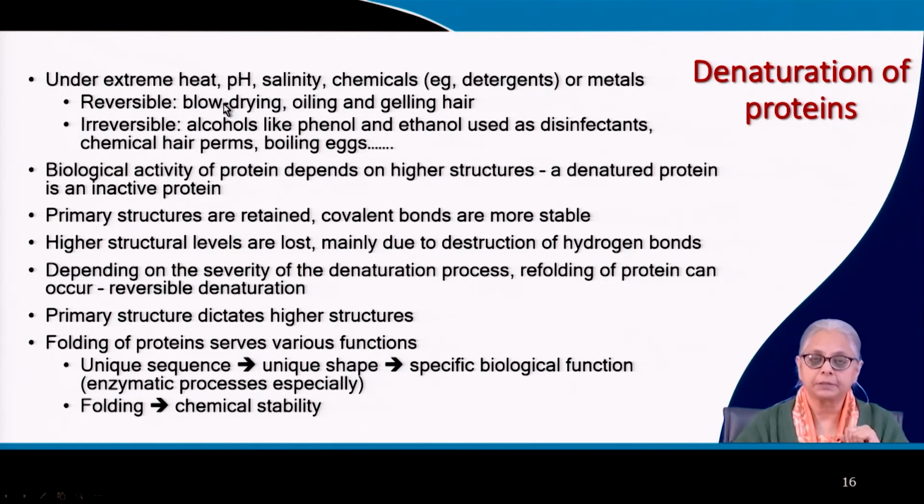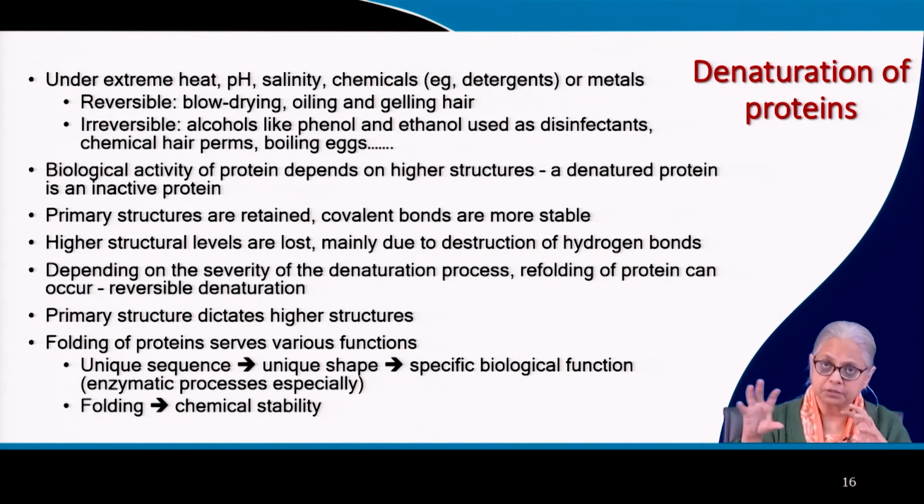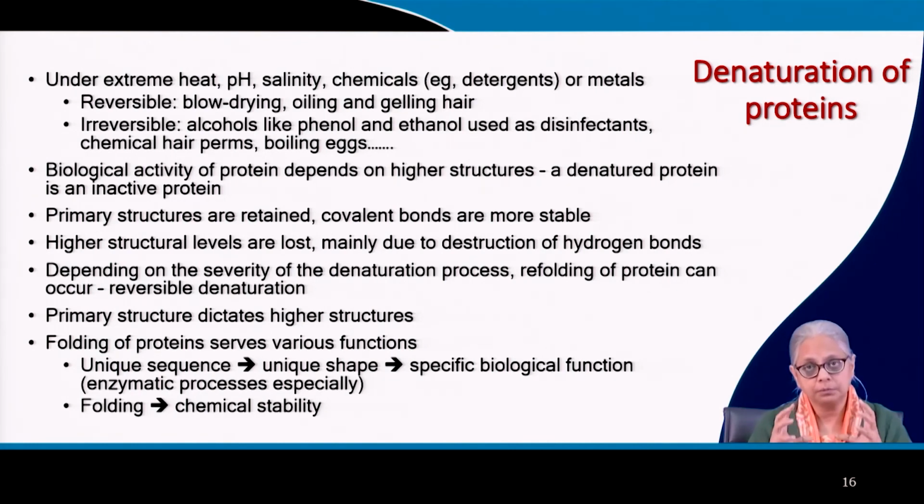So you blow dry it, and when that blow drying is done, that keratin, the protein which is set based on your genetic code, it's either curly or straight or whatever else it may be, the moisture is removed and you set it in a different pattern. So you're changing the fold of the protein, the way the protein folds biologically.